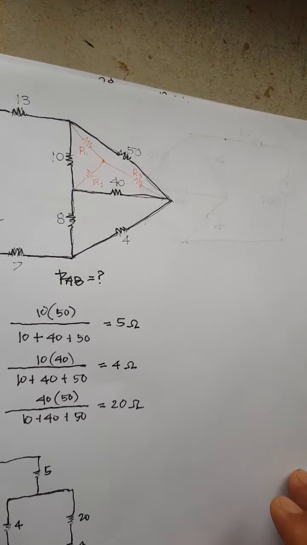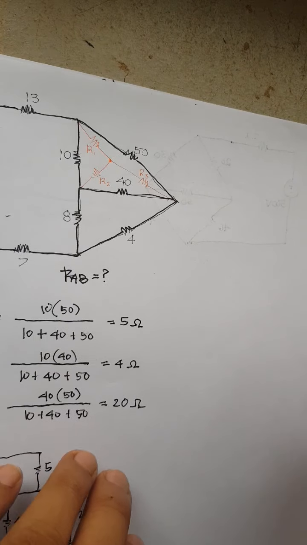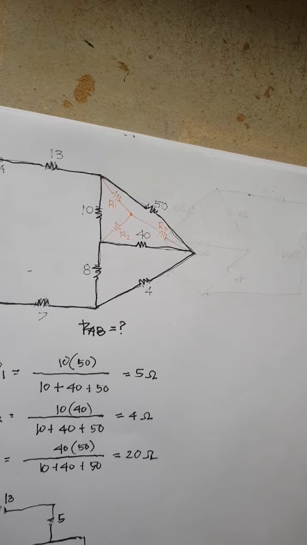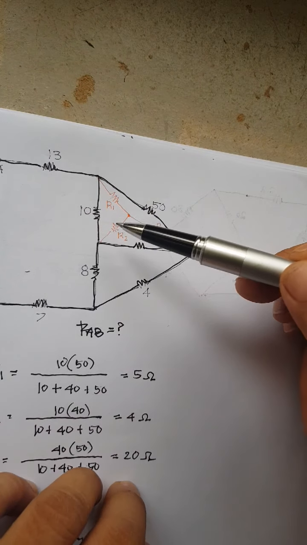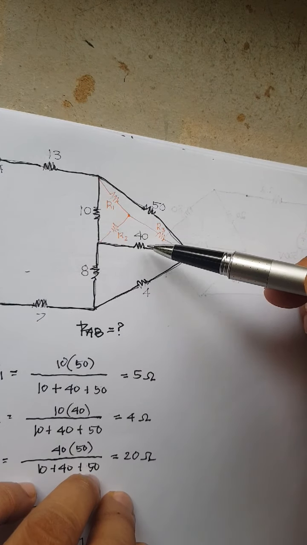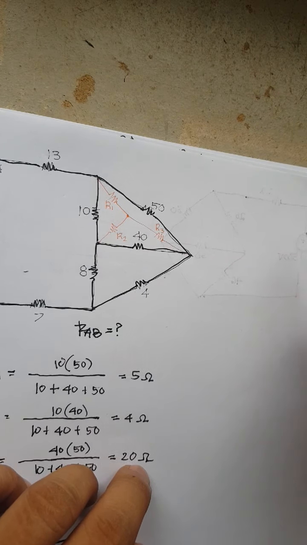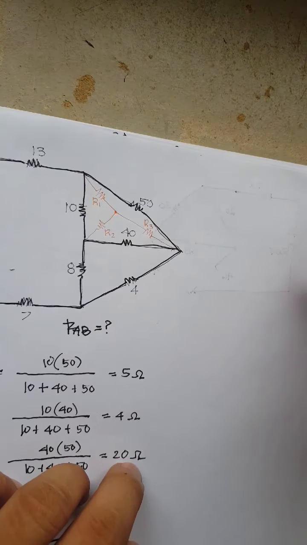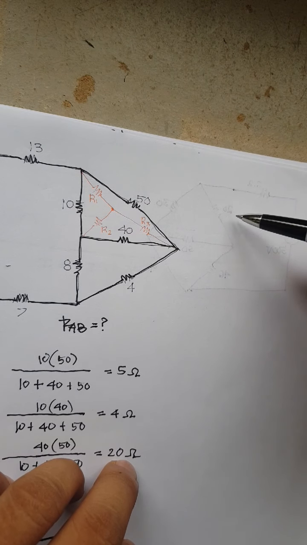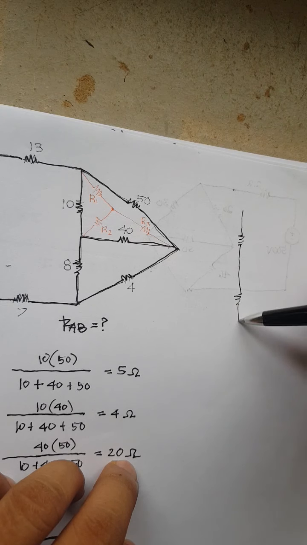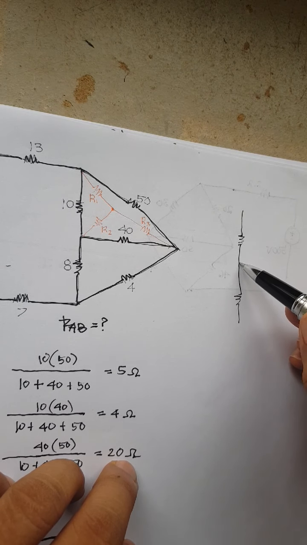Now, what if we're going to do the Y to delta? So, the problem states that we have to use 10, 40, and 8. So, we're going to draw this part only. So, this is our 10, this is our 8, and this is our 40.